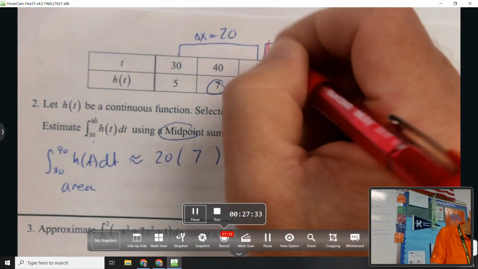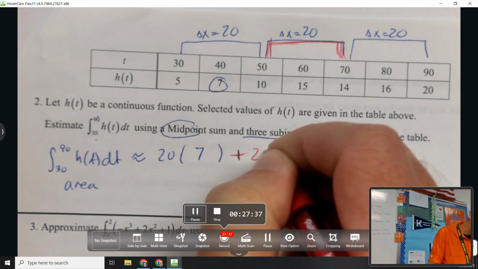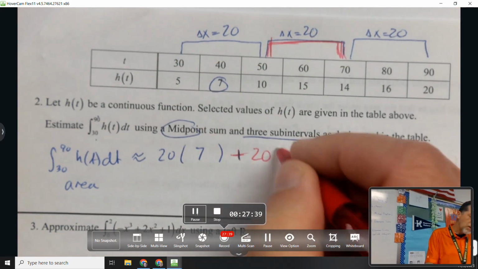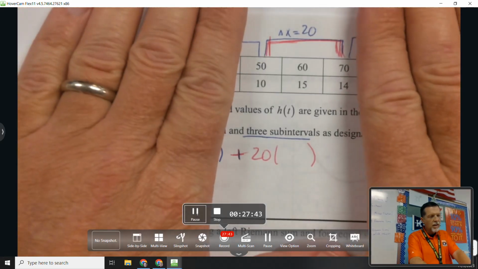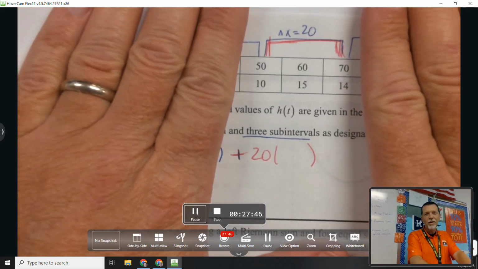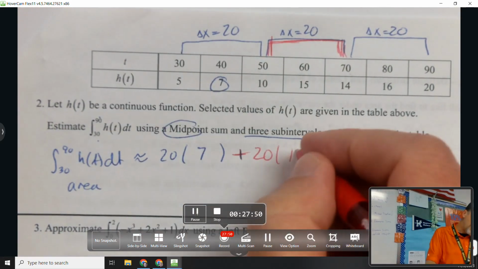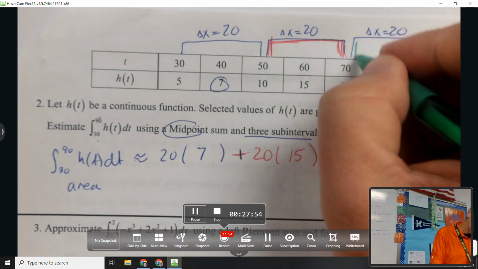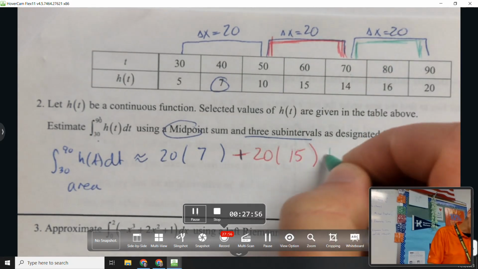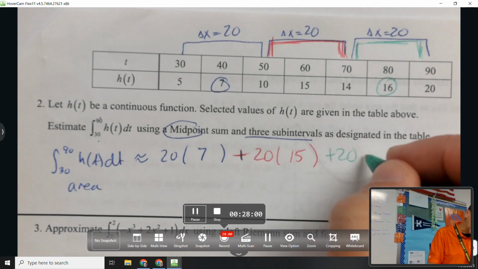For my next rectangle, my width is 20. What height should we use? Which one's in the middle? 15. And then for my last rectangle, my width is still 20 from 70 to 90, and I'll use the middle height of 16.